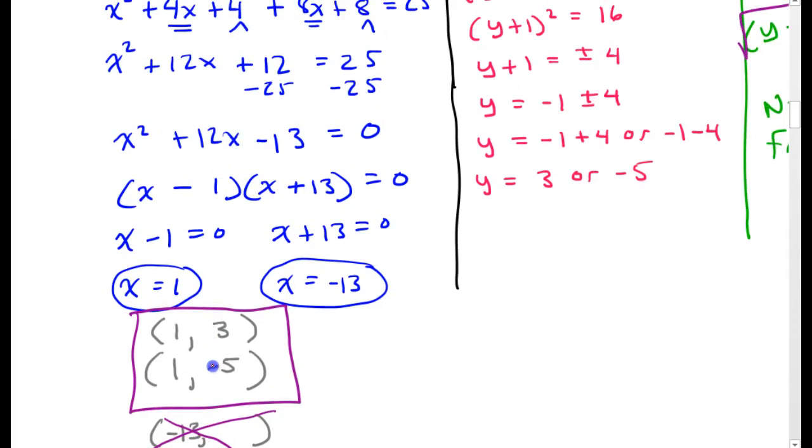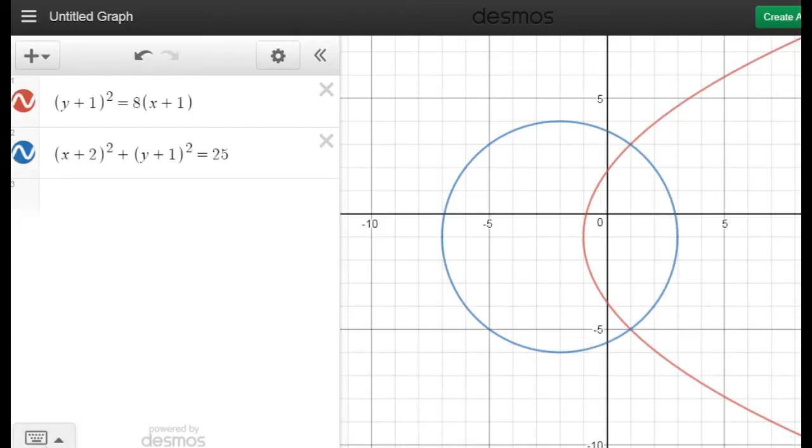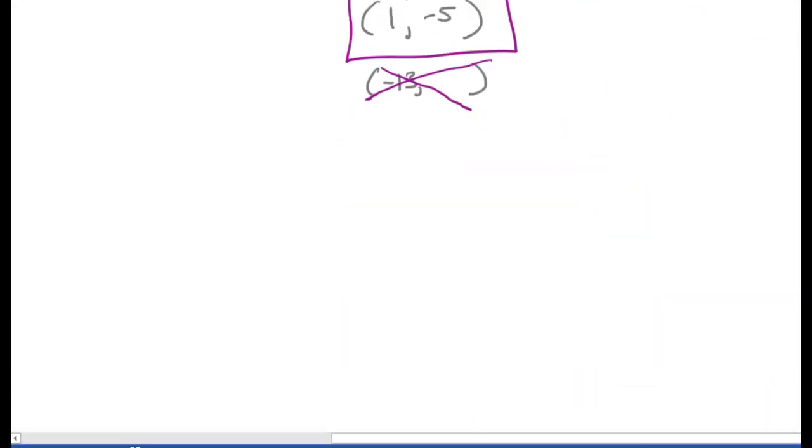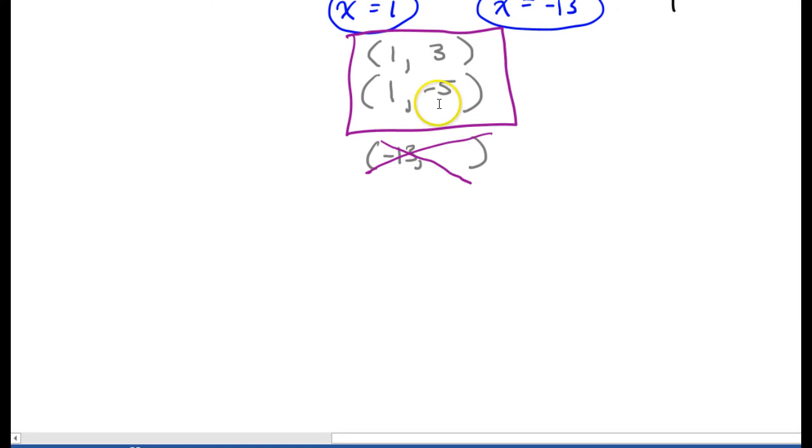Let's look for these intersection points. All right, so take a look. We have our circle intersecting with the parabola, and the intersection points are here at 1 comma 3 and here at 1 comma negative 5. And that's exactly what we got when we solved it by hand.